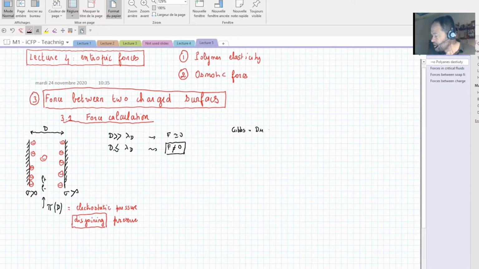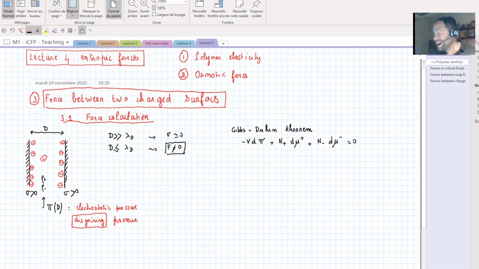So I will start from the Gibbs-Duhem theorem. I will simply say that, if there is this pressure, I have to write the Gibbs-Duhem relation, which is minus V dP plus N plus d mu plus plus N minus d mu minus is equal to 0, where N plus is the number of positive charges, N minus the number of negative charges, and mu is the chemical potential.